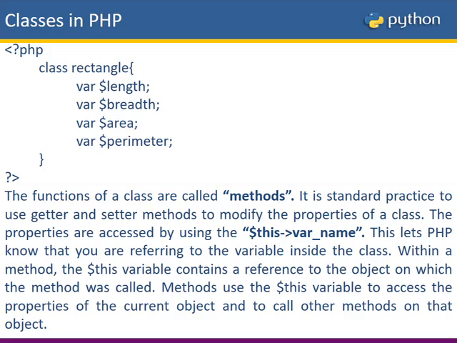The functions of a class are called methods. In PHP, it is standard practice to use getter and setter methods to modify the properties of a class.